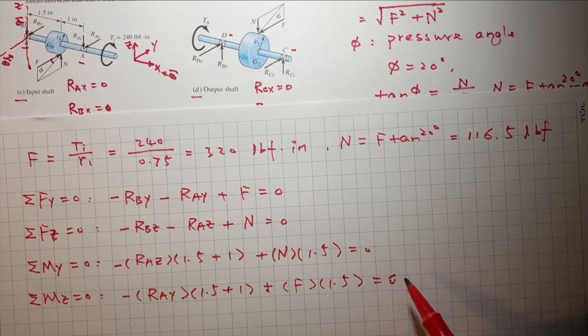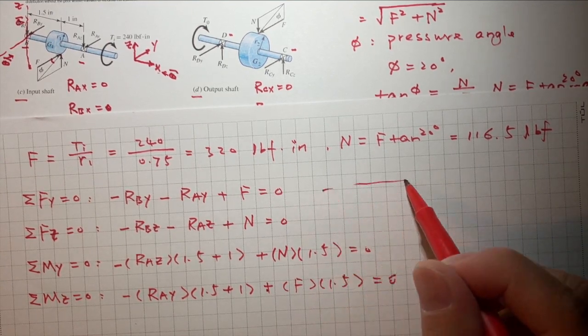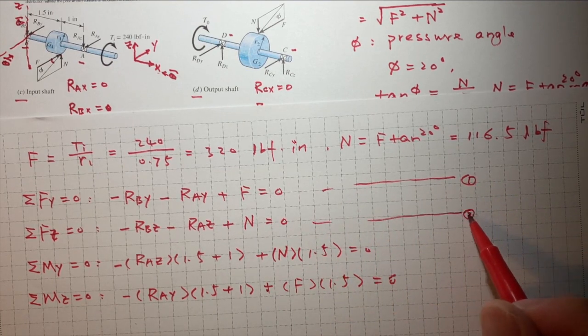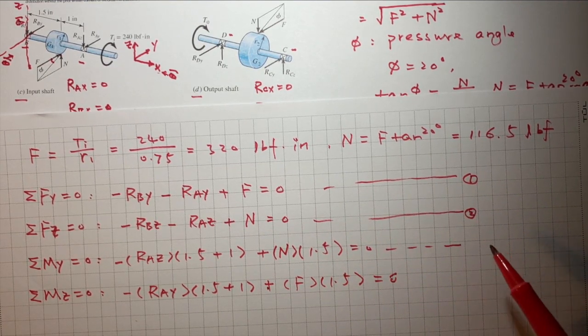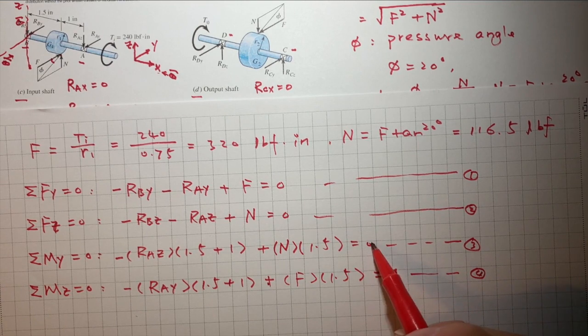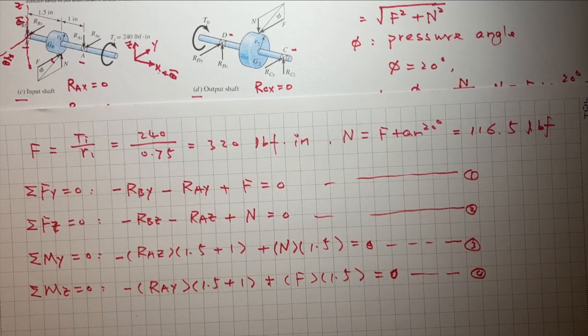So we have equation 1, equation 2, equation 3, equation 4. Four equations, so you can solve for the unknowns.